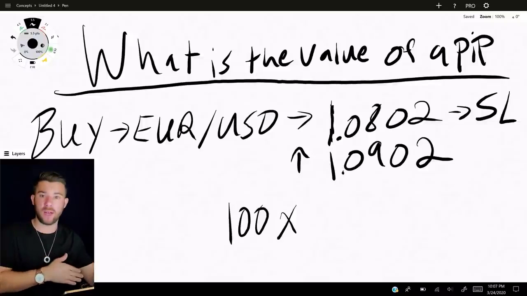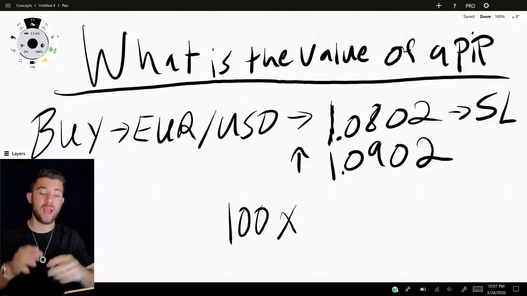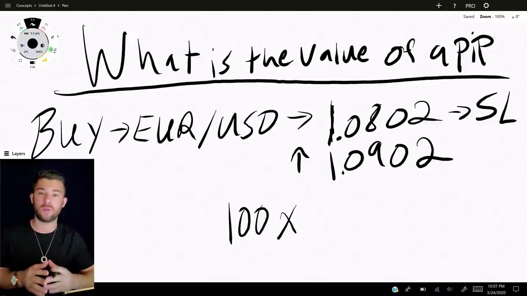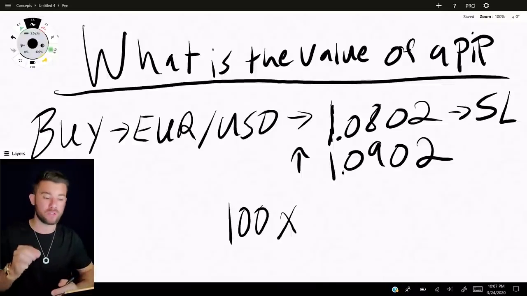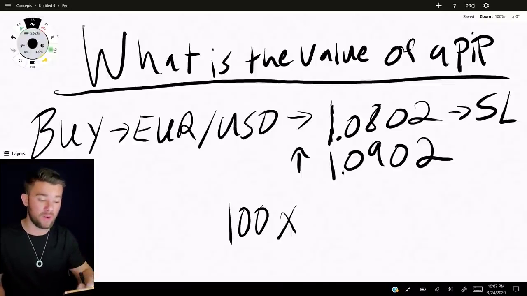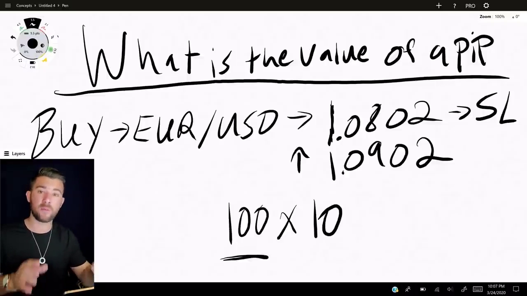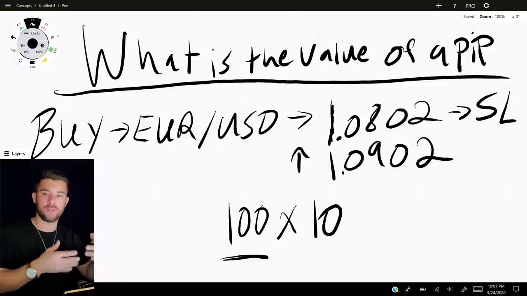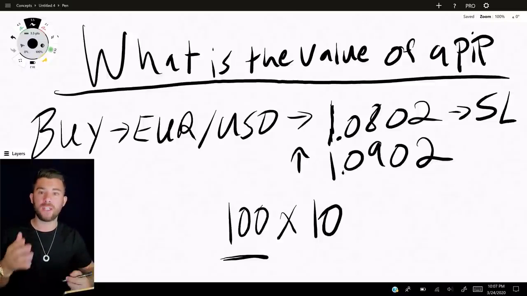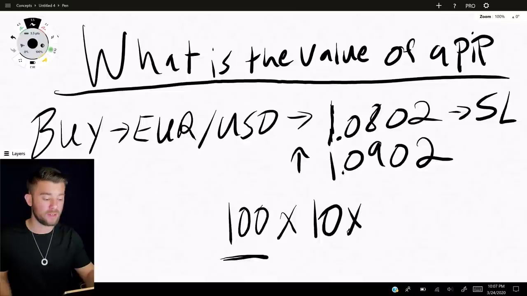If we used a standard lot of 100,000 units, and we know that a standard lot on the euro dollar is equal to $10 per pip, then we would have our amount of pips times $10 per pip, because we're using a standard lot, and then we have to multiply by the amount of standard lots. In this case, we just traded one standard lot.